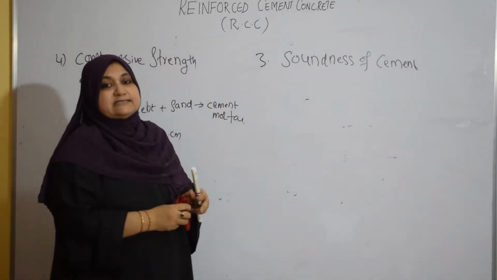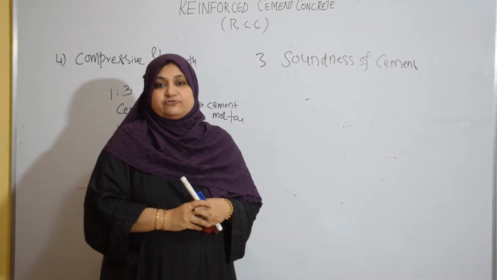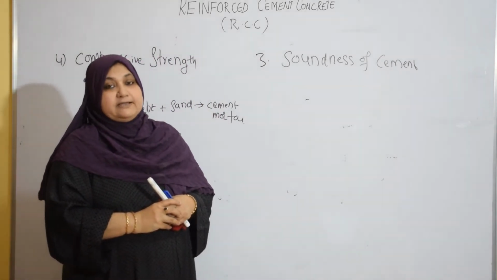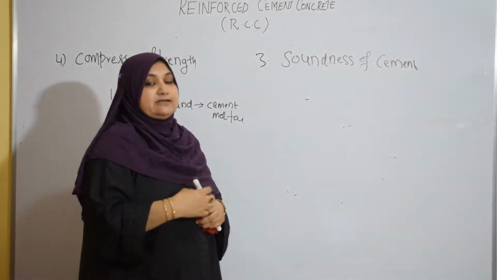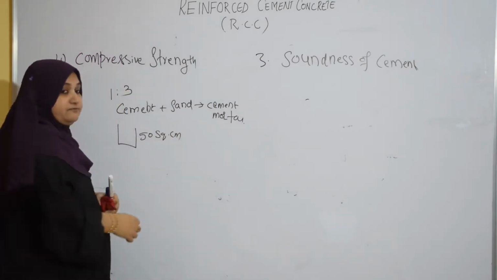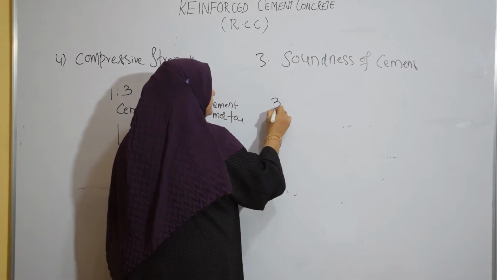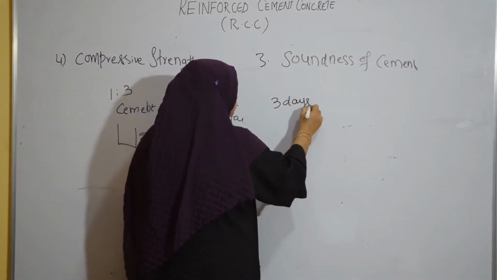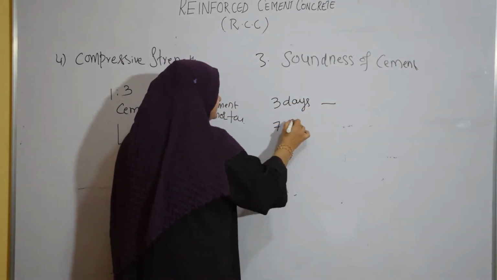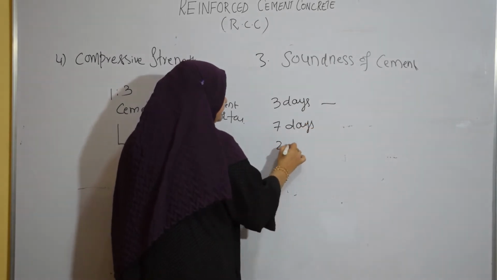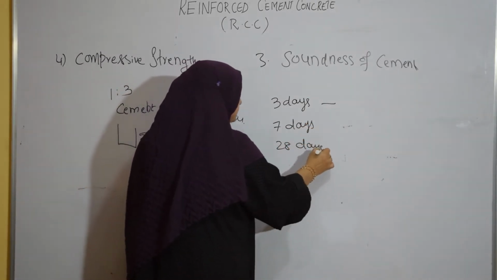Okay, then it is tested in a compressive strength testing machine. From that machine we get the compressive strength of cement, right? So for a normal concrete, the 3-day strength we find, the 7-day strength we find, and the 28-day strength we find.